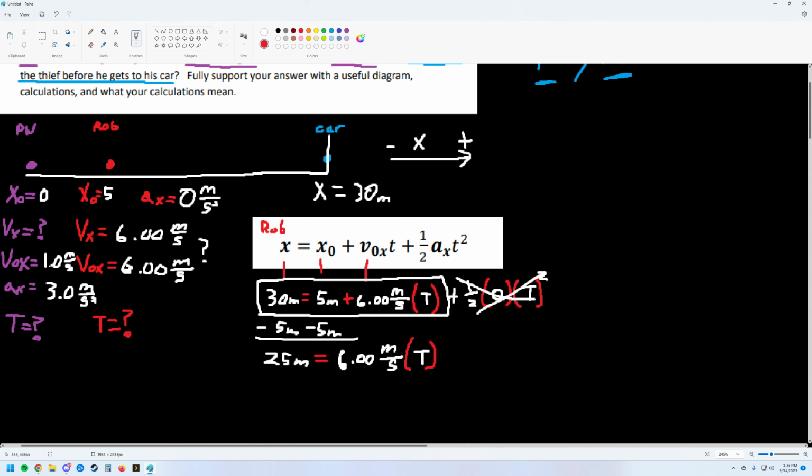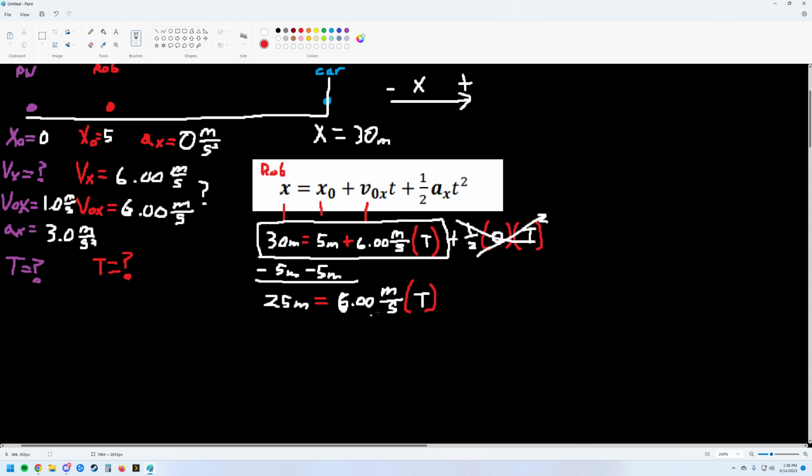Really bad with these sixes. We're going to divide both sides by 6.00 meters per second. So this is going to cancel out.